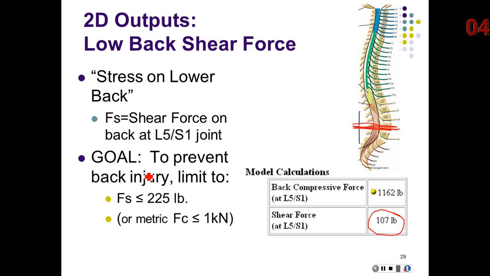If we want to try to prevent injury, we want a shear force less than or equal to 225 pounds. And so in this case, we don't expect to have an injury to our L5-S1 intervertebral disc, since the force is lower than 225 pounds of shear. Okay, so compression is a problem, shear is not. So far we have a bad job that we would need to fix in my example.